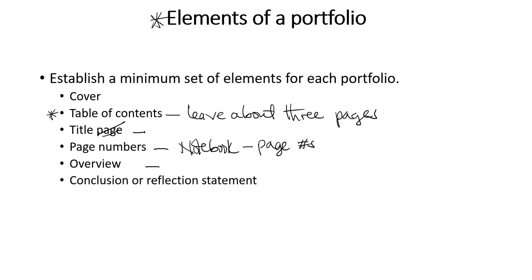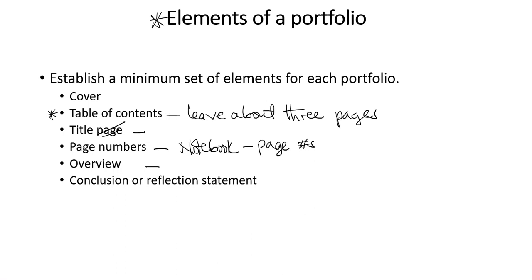Then you have an overview. This one should be at the beginning, maybe just after the table of contents or before the table of contents, telling the audience what they are supposed to see in the portfolio itself.